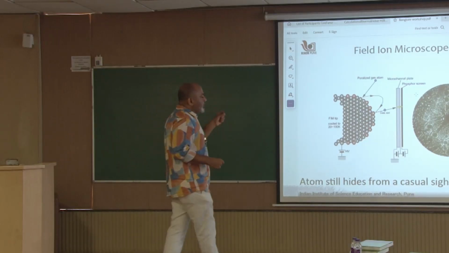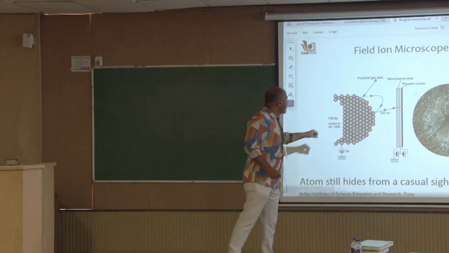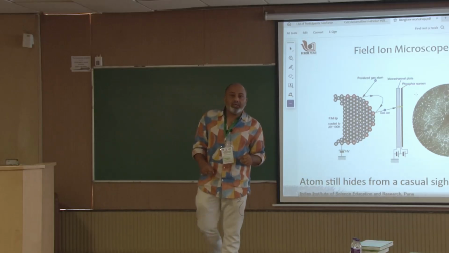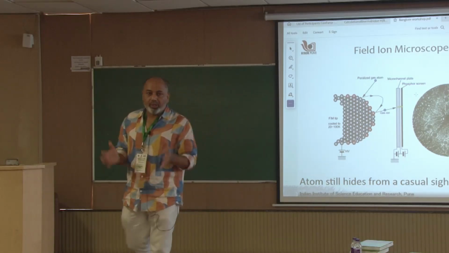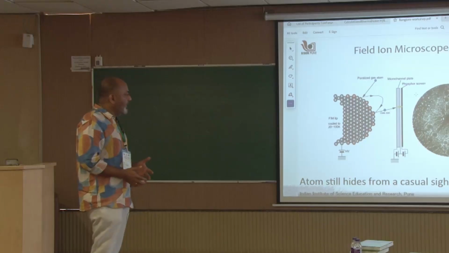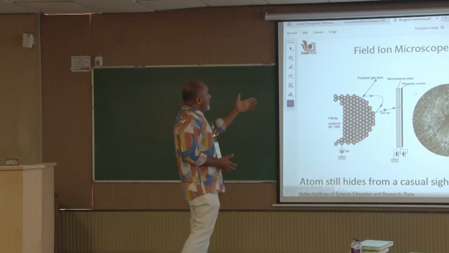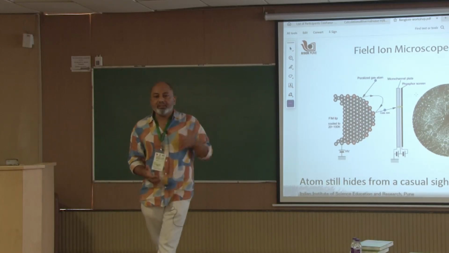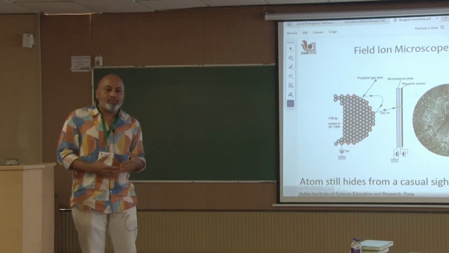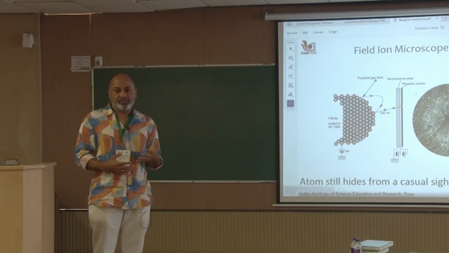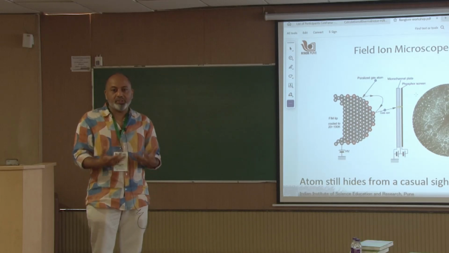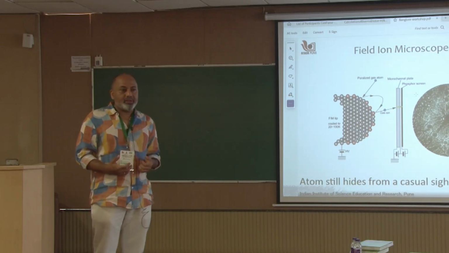And once they hit the tip, which is cooled down to about 20 to 100 kelvins, about liquid nitrogen or even liquid helium temperatures, this polarized gas atom, when it hits the tip, will lose some of its kinetic energy. It will cool down. It will lose its momentum and all.